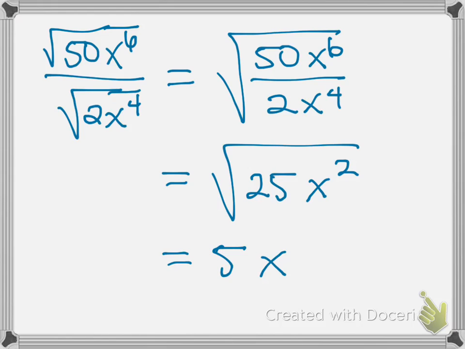And we're going to need to do that here because in our final result we got an x to the first power, which means that if we had a negative value for x, that would end up being negative out here, and of course when you take the square root of something that can't be negative. So we can't have any negative values for x. We're going to need to have the absolute value of x here. So our final answer is actually 5 times the absolute value of x.